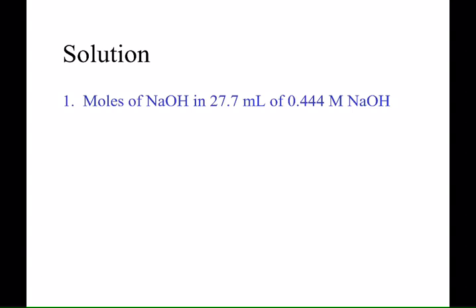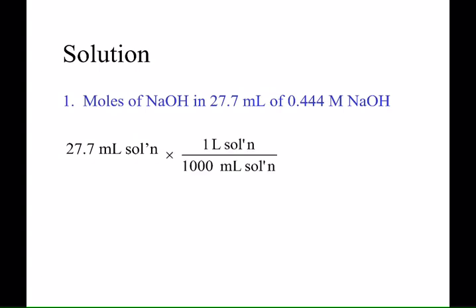Again, if I was titling this, probably I would just say moles of NaOH, and then I would go ahead and use that volume molarity. It's kind of like we did with the previous problem. If I start with my first term as 27.7 milliliters of solution, that's great. I need to convert that to liters. How can I do that? We can do that if we introduce 1 liter over 1,000 milliliters.